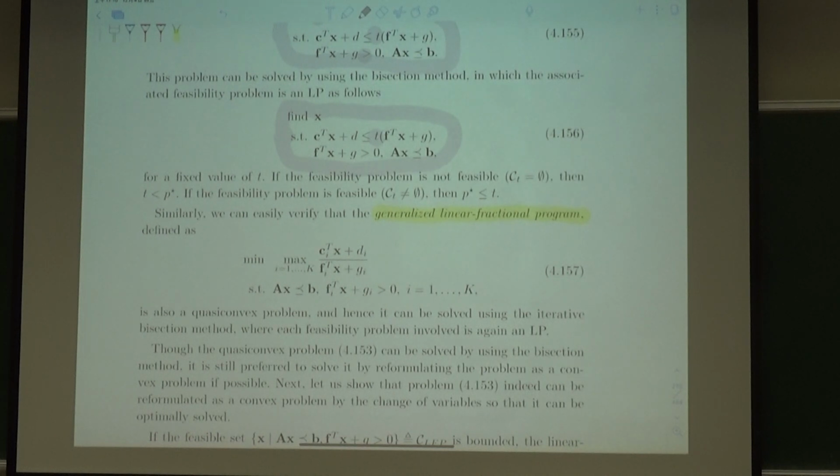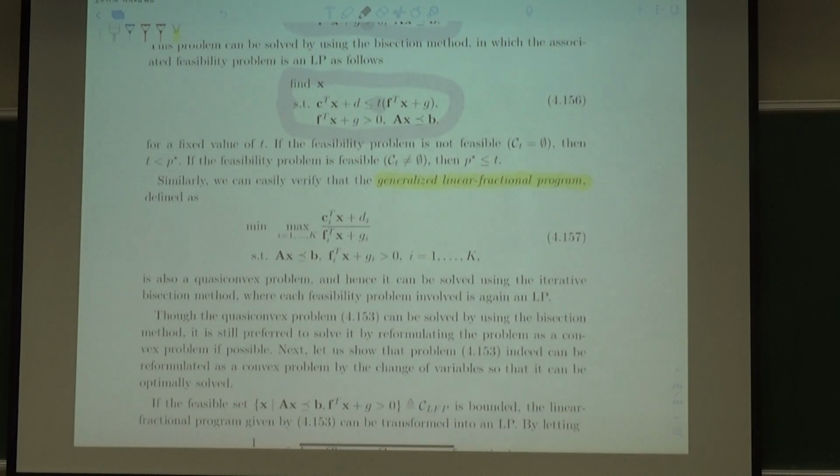Okay. What if your objective function is a maximum of such functions: (c_i transpose x plus d_i) divided by (f_i transpose x plus g_i)? This is a linear-fractional function, which is quasi-convex, right? The pointwise maximum of quasi-convex functions is also quasi-convex. So this is a quasi-convex function.